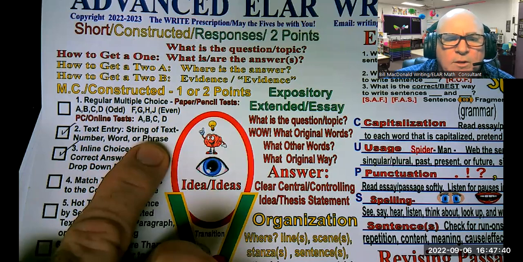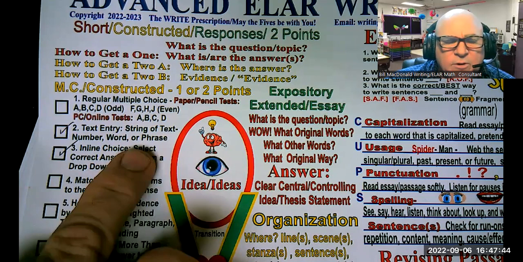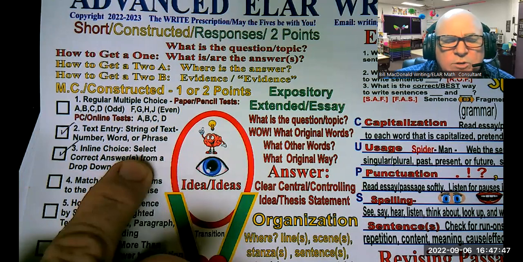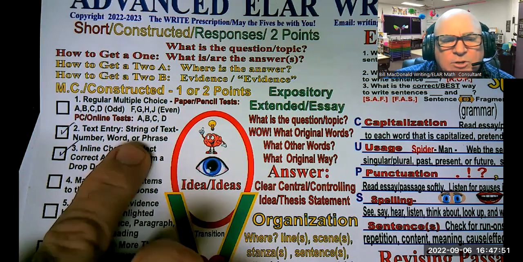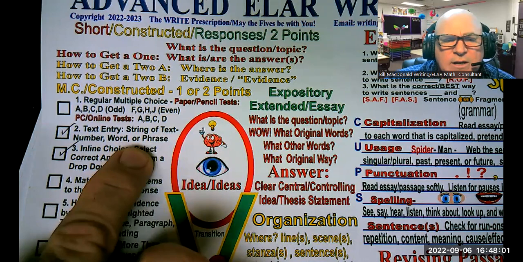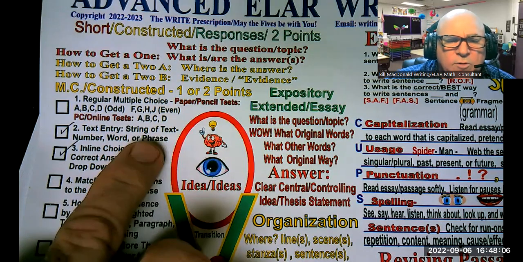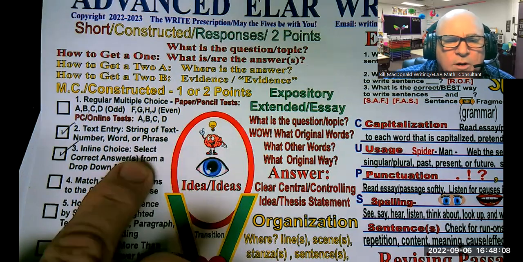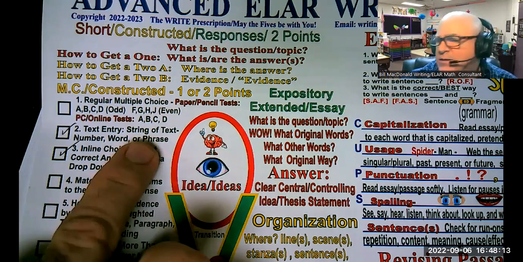We're going to look first at the drop-down menu using editing and revising from 3rd, 4th, and 5th, and then we'll go into the 6th through 10th. I chose one question from 6th, 7th, 8th, 9th, and 10th that only required a number, a word, or a phrase, either just as a drop-down format or a word or a phrase that would be entered. So let's take a look.